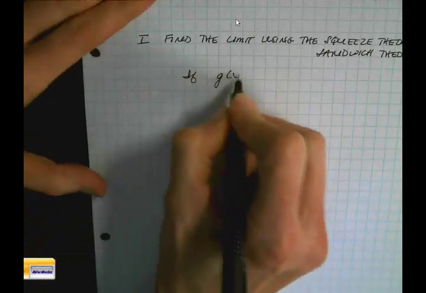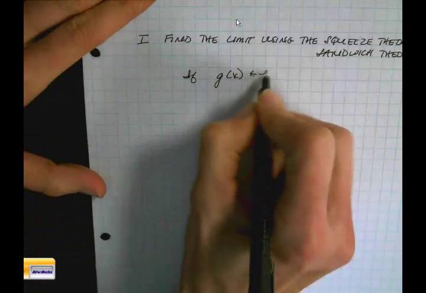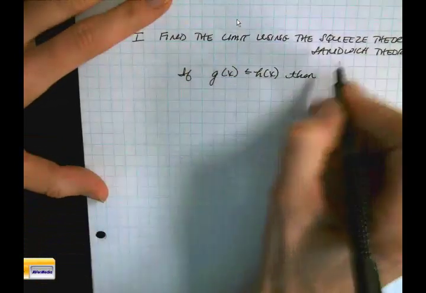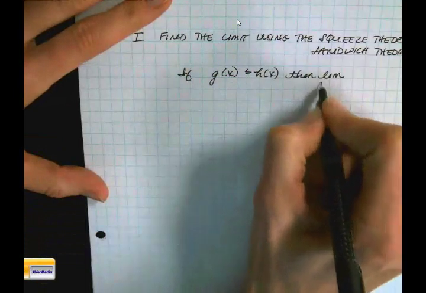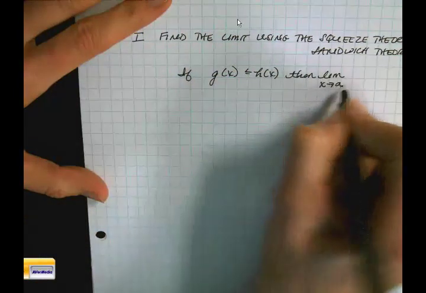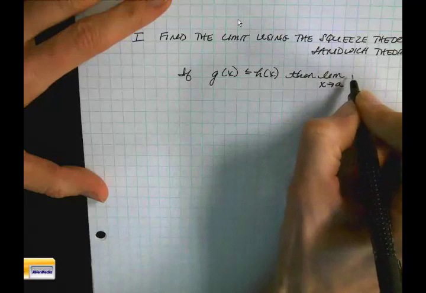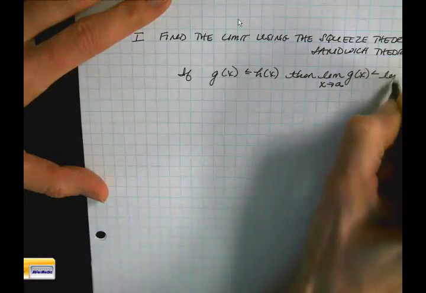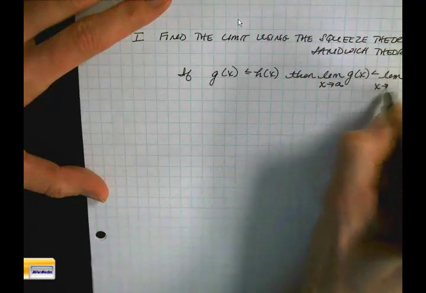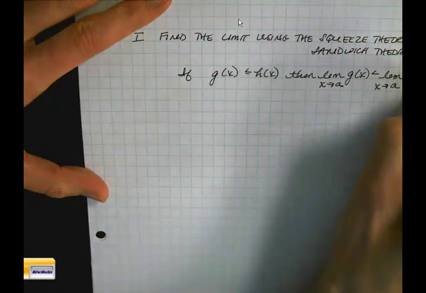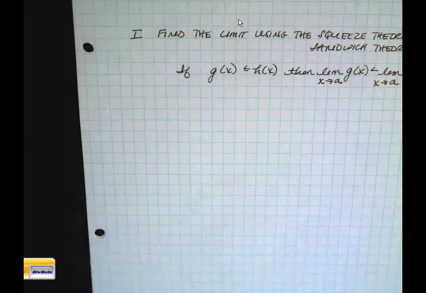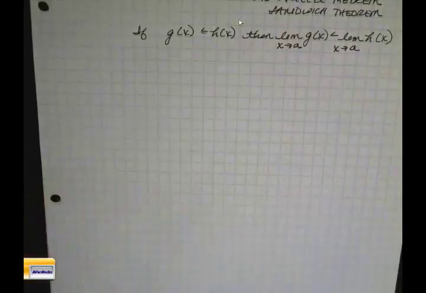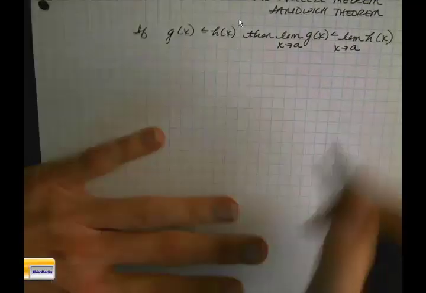If we say that g of x is less than h of x, then we can also say that the limit as x approaches a of g of x will be less than the limit as x approaches a of h of x. So if g of x is smaller than h of x, then it would be logical that the limit of g of x would be less than the limit of h of x.